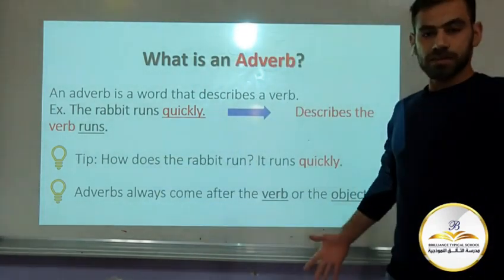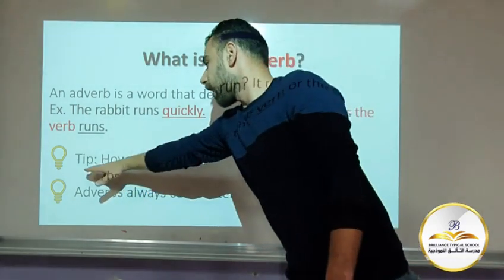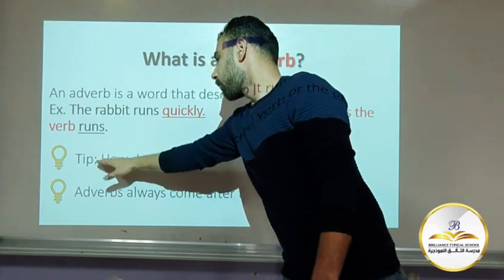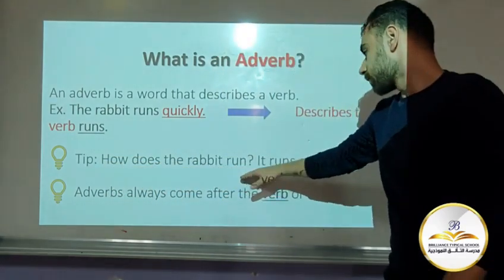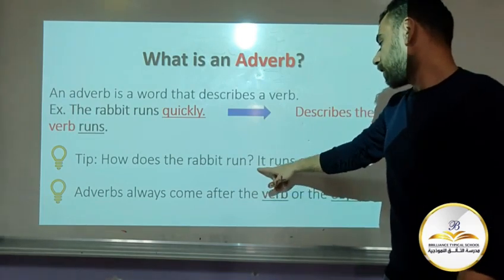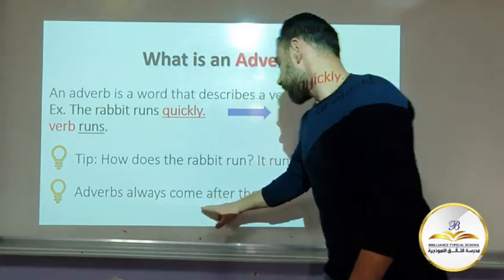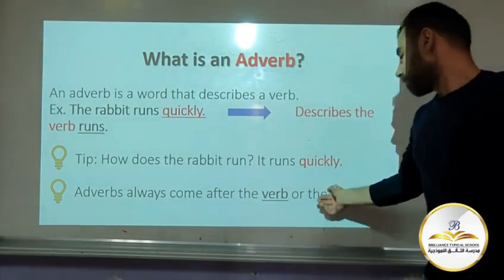If you want to identify an adverb, I want to give you this tip. Always use the question how. So if I ask the question, how does the rabbit run? The answer would be, it runs quickly. Adverbs always come after the verb, like here, or sometimes the object.